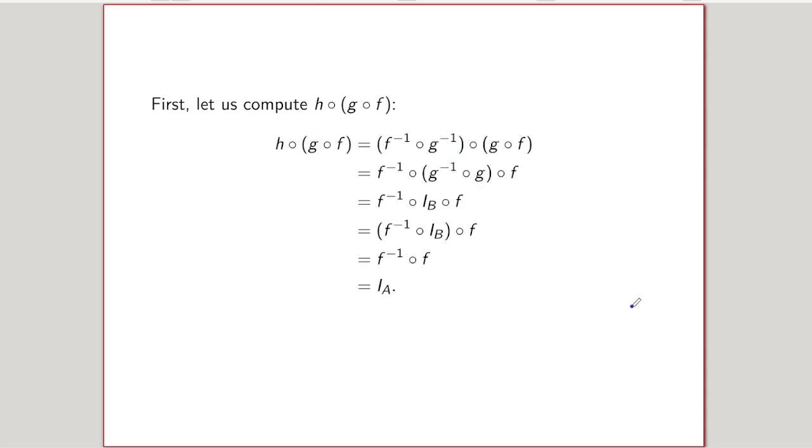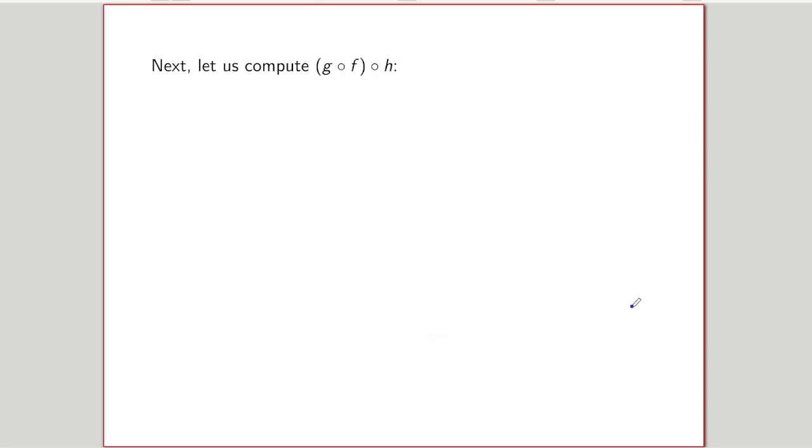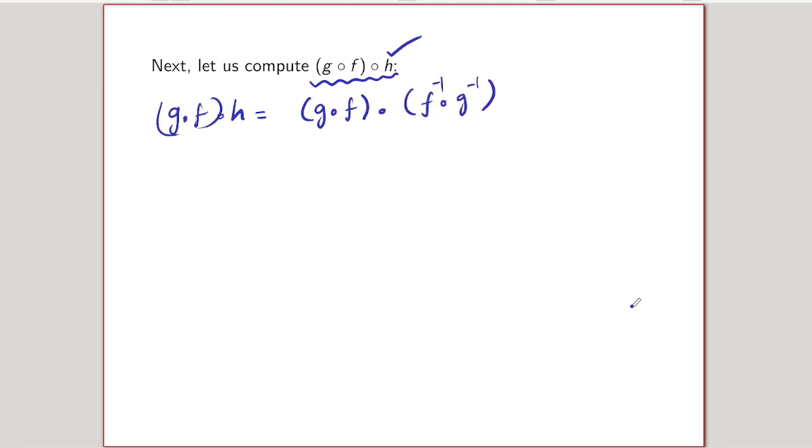Similarly, we are going to prove the second part. Now let us compute g composition f composition H, that is taking composition of H in the second place. So g composition f composition H will be equal to g composition f composition f inverse composition g inverse, substituting the function H. Since composition of functions is associative, we can change the brackets.